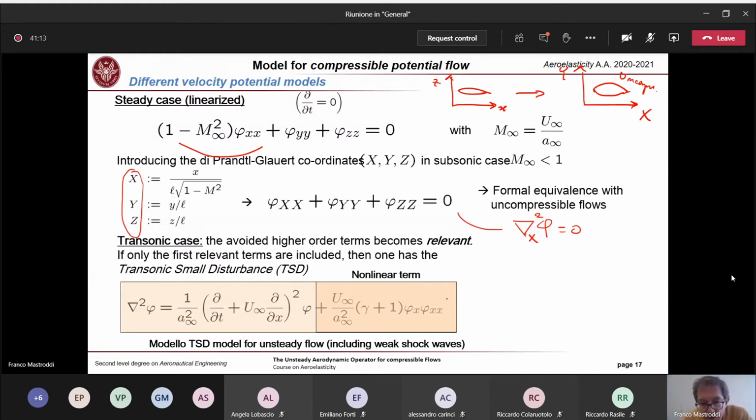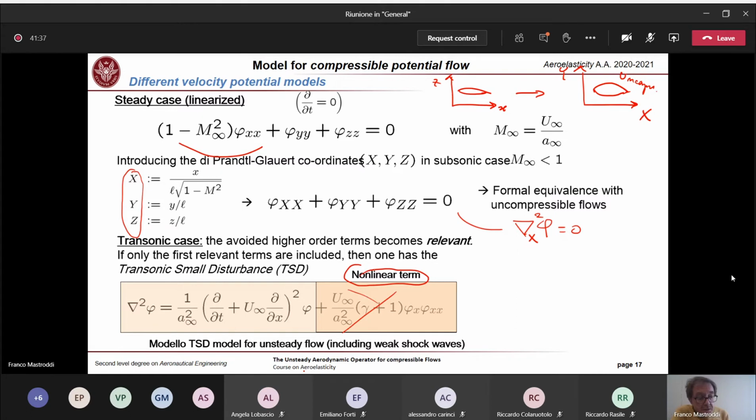We have excluded, of course, the nonlinear term in our problem. We have cancelled this nonlinear term, but this term may be important, and you know that these terms are important if you want to describe a shock wave discontinuity, for example.